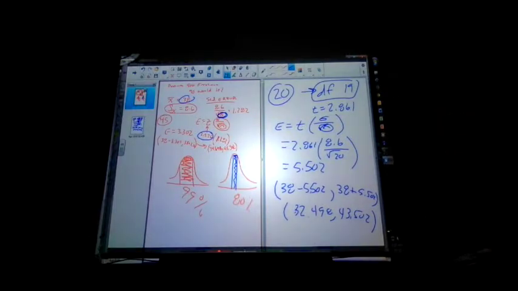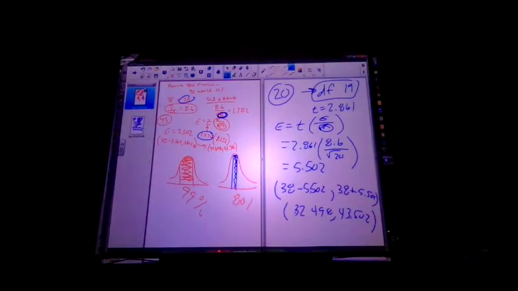Well, if they tell us it's random, then we have to assume it's random. Then, if we have an entire population, what's our sample? Are we talking about more than 10% of it? Then it wouldn't fall into this. If it's less than 10%, yes. And then, how many people are we talking about? 30 or less, t-score; more than 30, z-score. Did I get that right? Yeah, I think I said it right.